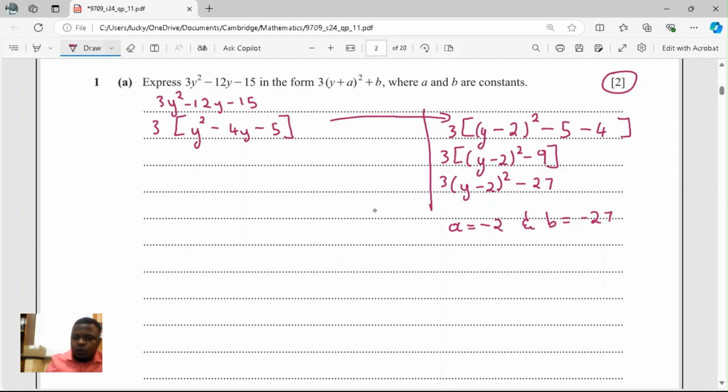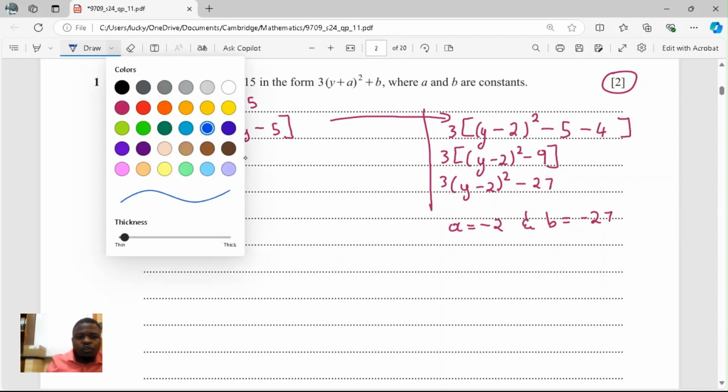The actual method of completing the square follows the following. So option 2 will be 3. Now what I'm going to do is turn this into what I call the perfect square trinomial.